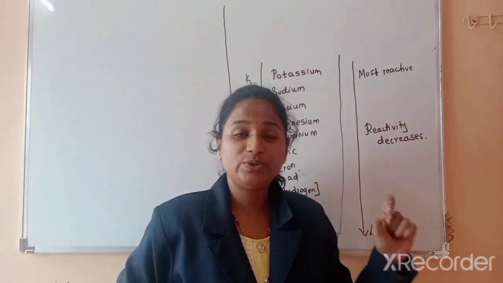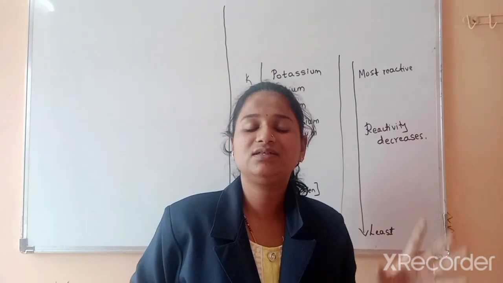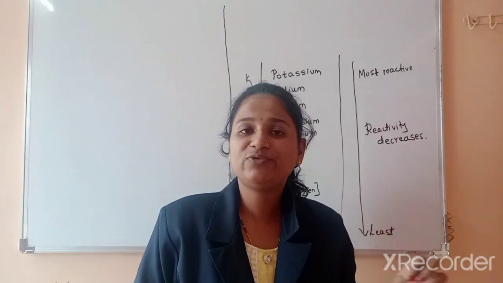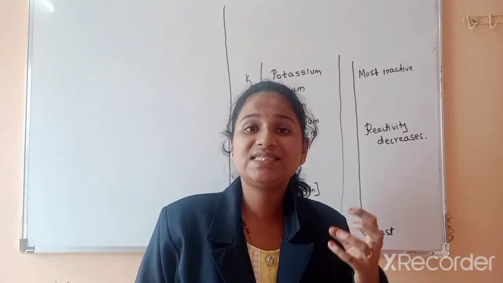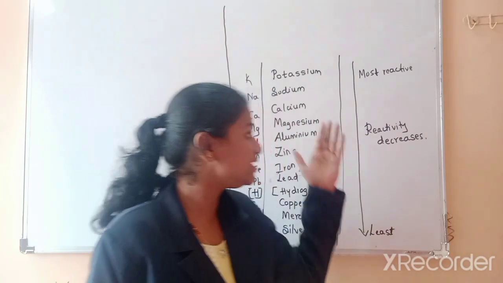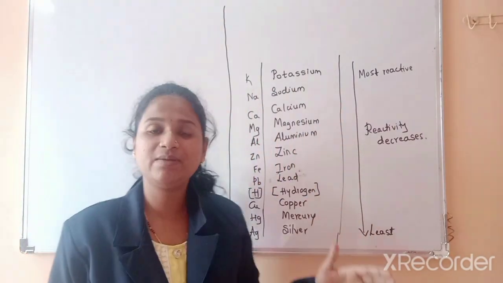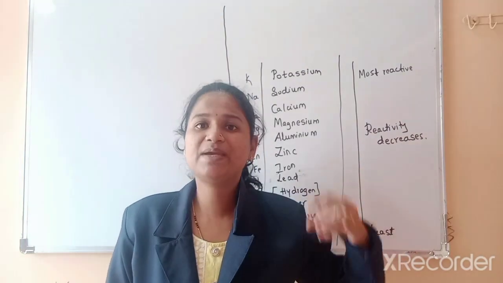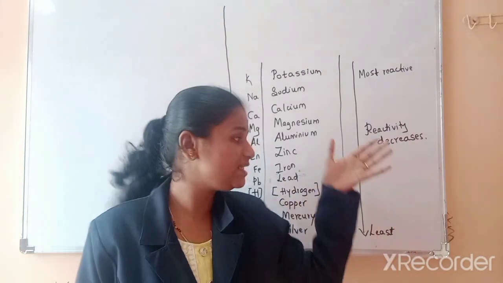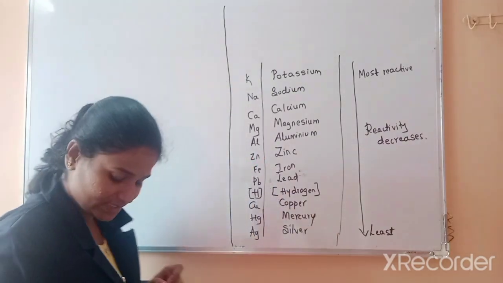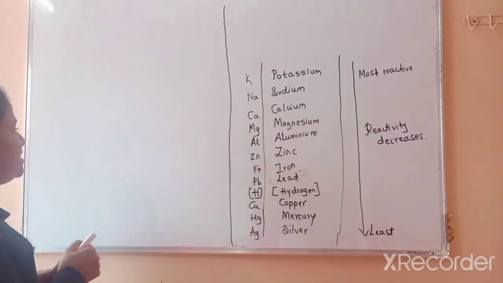Using this reaction, they have framed the reactivity series. This reactivity series is framed experimentally, by proving experimentally they designed this reactivity series. So let us see some examples of reactivity series.